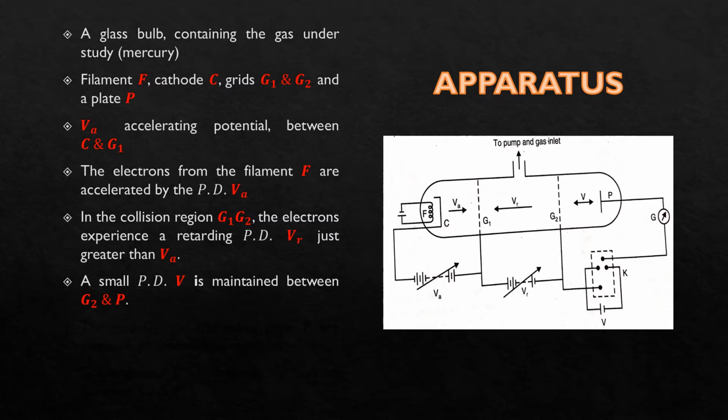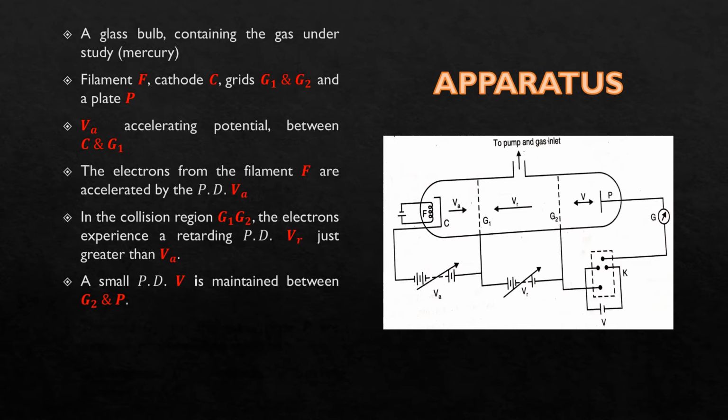Then they enter into the collision region, which lies between the two grids G1 and G2. In the collision region, the electrons experience a retarding potential difference VR, just greater than VA. A small potential difference capital V is maintained between G2 and P, and this potential can be reversed with the help of a reversing key, which is shown in the diagram.